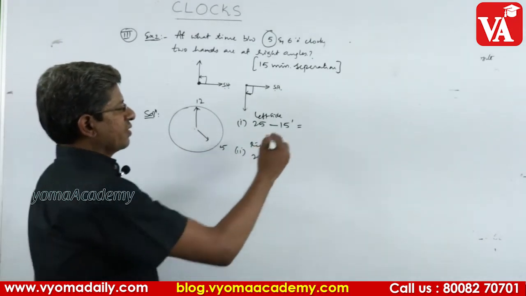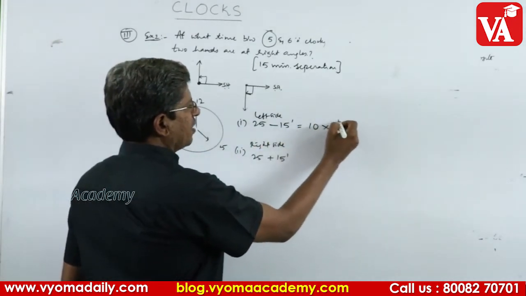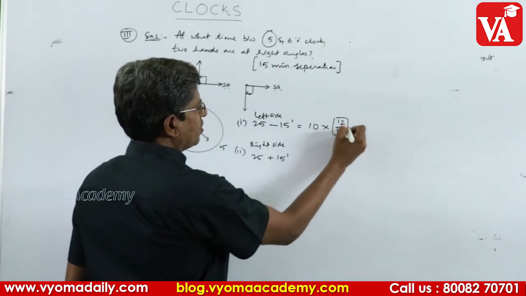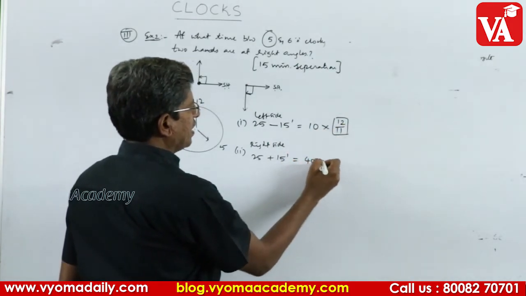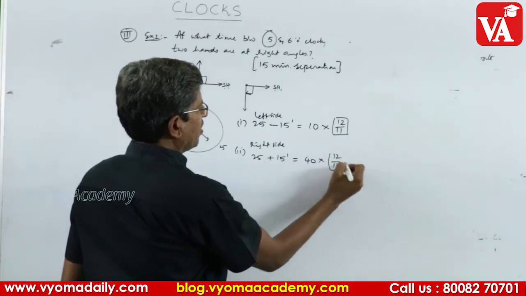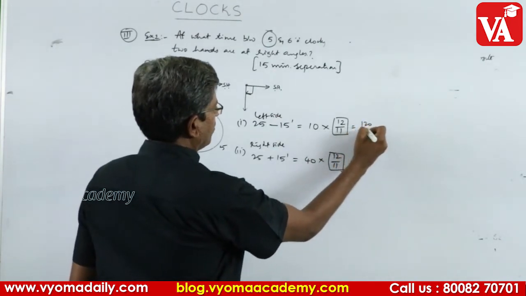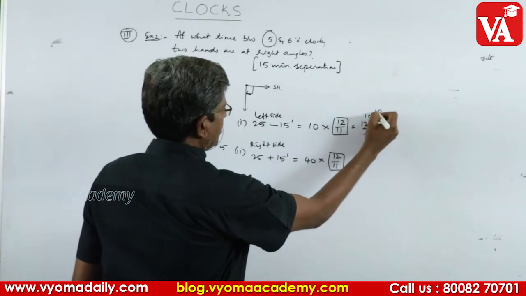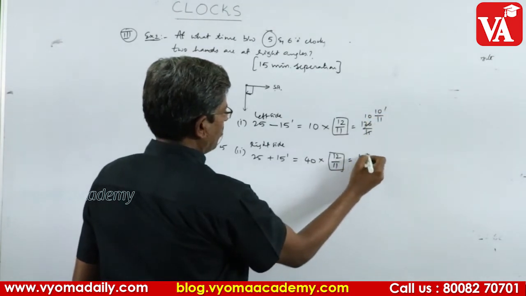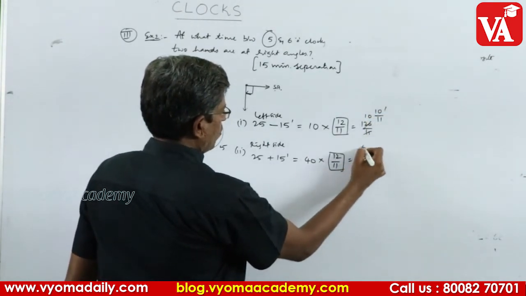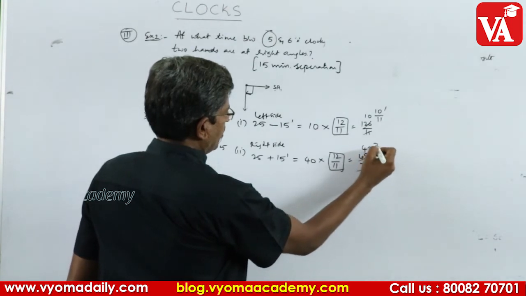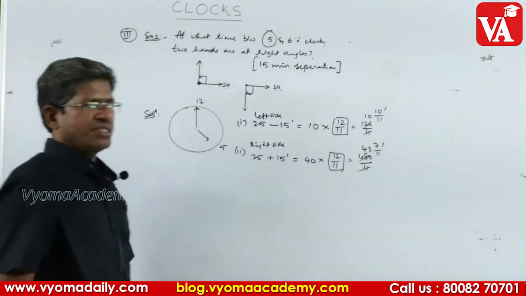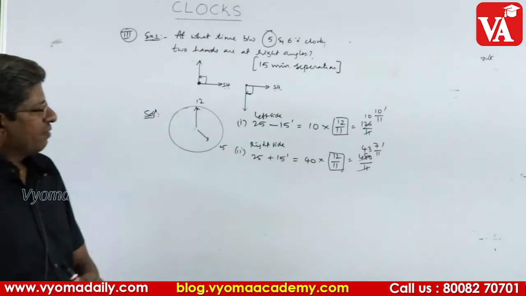Remember that. Now this is 10 minutes we got, then the technique is the same: into 12 by 11. Here 40 into 12 by 11 again. Simplify, you will get the two answers. 11 10 ja, so 10 10 by 11. You simplify at your own pace. 44, 33, 7 remains. So 43 7 by 11. That means we got two answers now.